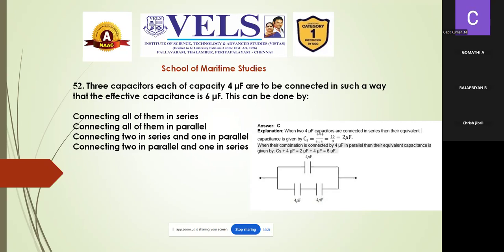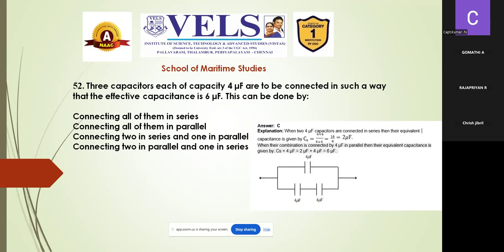If we connect 3 capacitors in series, the equivalent capacitance is 1 by Cs equal to 1 by 4 plus 1 by 4 plus 1 by 4, which is not equal to 6. So we can go for the next option, connecting all of them in parallel.